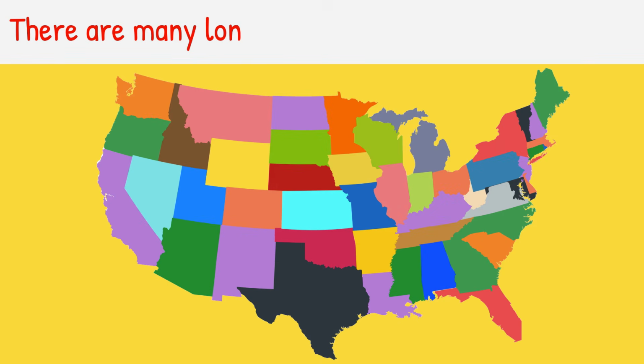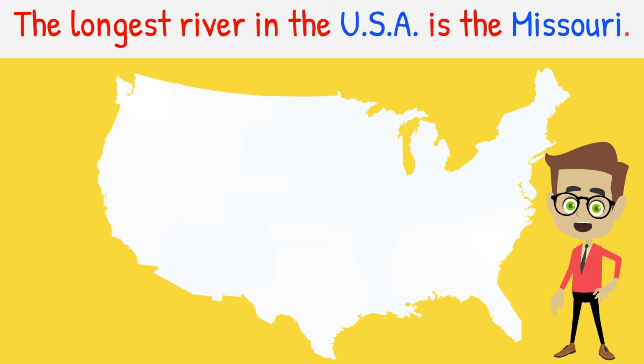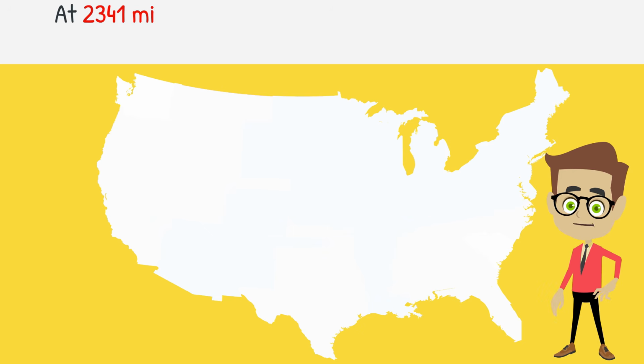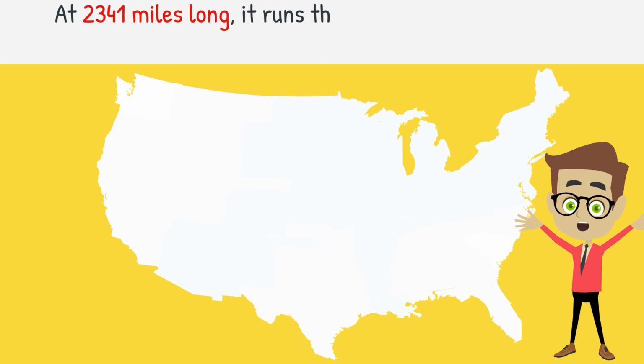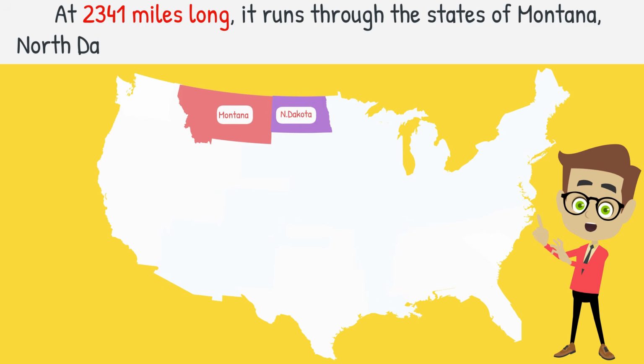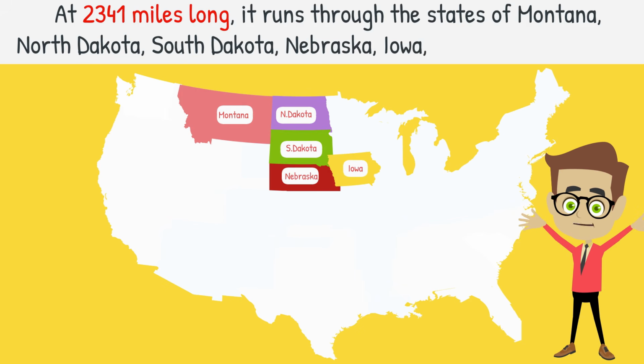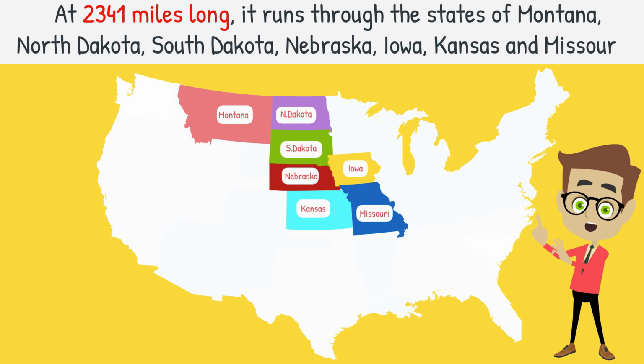The rivers of the USA. There are many long and famous rivers in the USA. The longest river in the USA is the Missouri. At 2,341 miles long, it runs through the states of Montana, North Dakota, South Dakota, Nebraska, Iowa, Kansas, and Missouri.